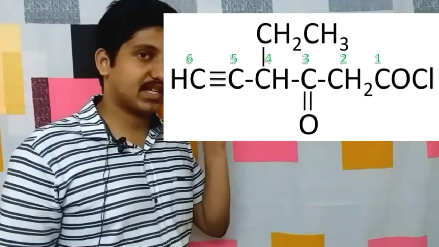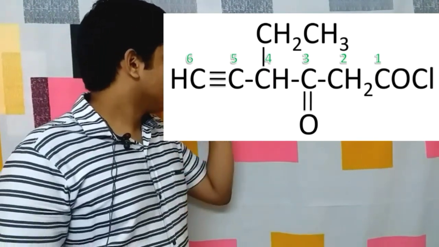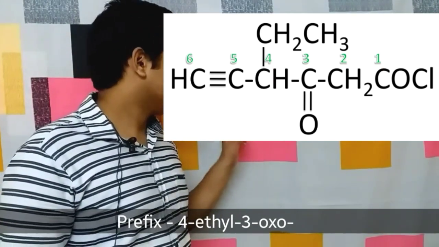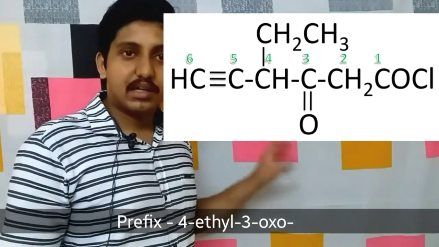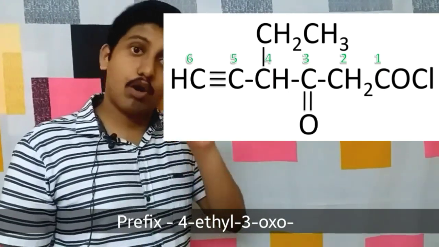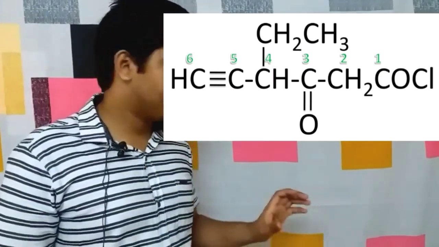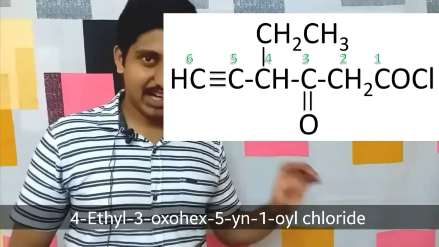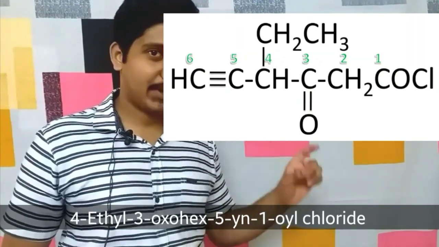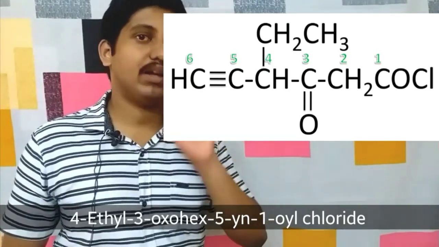We have two prefixes: one is 4-ethyl and the other is the keto group at the third position, that is 3-keto or 3-oxo. Hence the total name will be 4-ethyl-3-oxo because e comes before o. So 4-ethyl-3-oxohex-5-yn-1-oyl chloride.